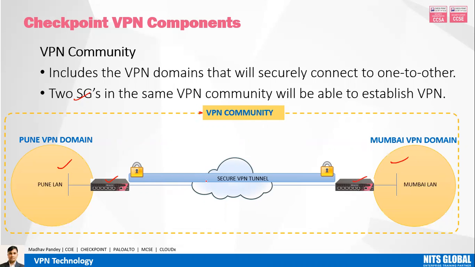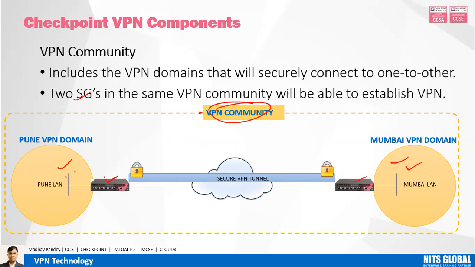Only those domains which belong to the same community can establish VPN. If this particular VPN domain is from a different community and this one from another community, then they cannot communicate. They cannot establish VPN.